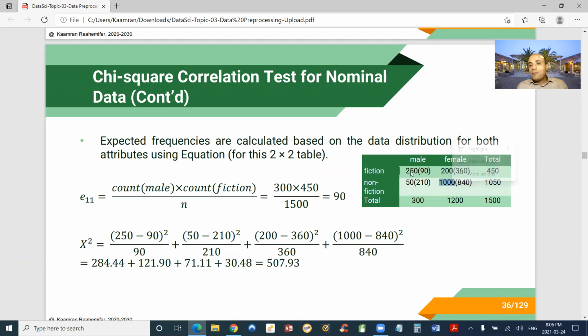When you add them up vertically, you're going to get 300. When you add them up vertically, 1200. When you add them up horizontally, 1050. The important thing, and that's a simple test you can do, is that if you add up the last column, you get 1500. And if you add up the last row, you must get 1500.